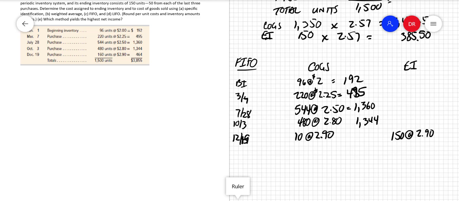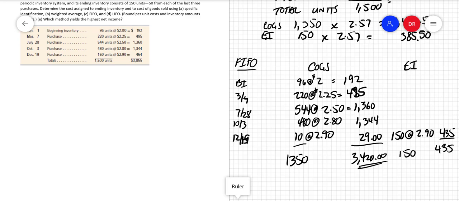So we'll have $29 here, and over here we'll have $435. So our total cost then, if you add up all these units, you get 1,350, and the total cost will be $3,420. And over here you'll have 150 units at $435 in ending inventory.